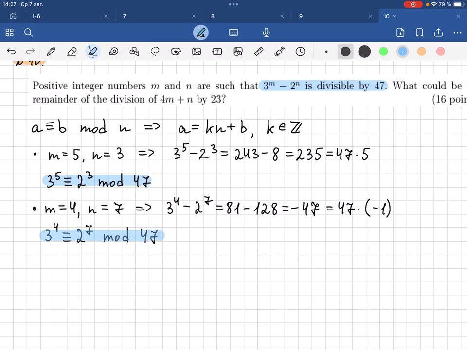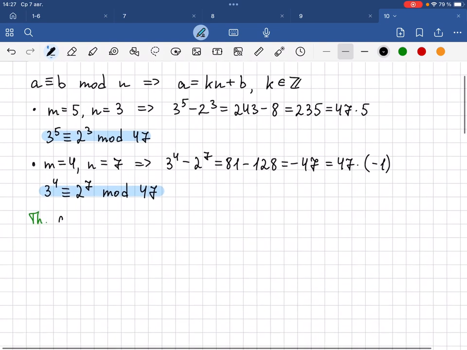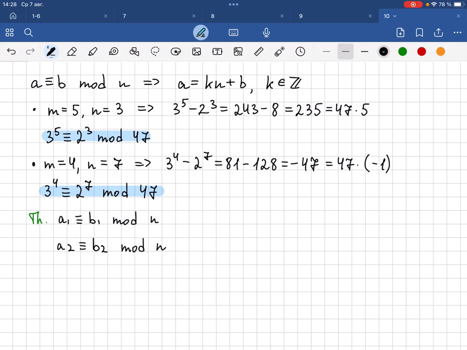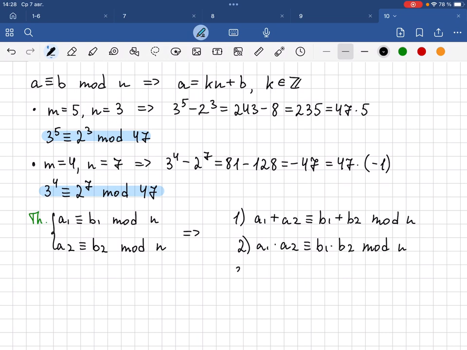And we'll need here a theorem. So if we know that a1 equals b1 mod n and a2 equals b2 mod n at the same time, then a1 plus a2 equals b1 plus b2 mod n, a1 multiplied by a2 equals b1 multiplied by b2 mod n, and a1 to the power of minus 1 equals b1 to the power of minus 1 mod n.